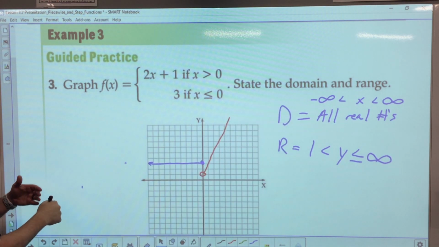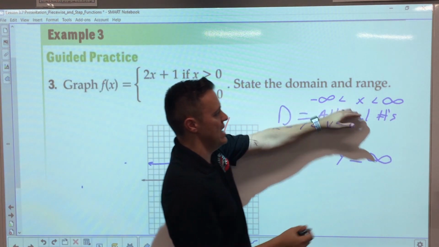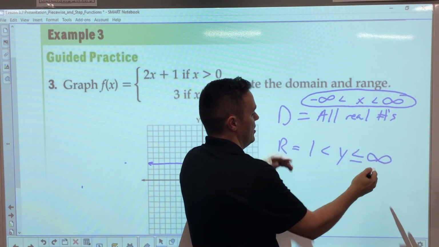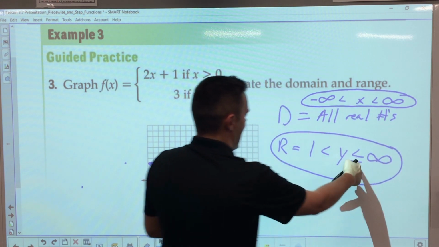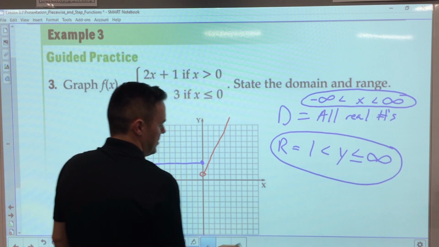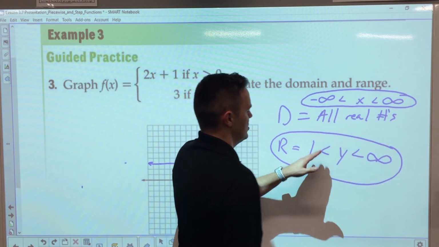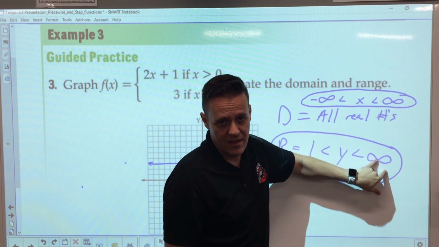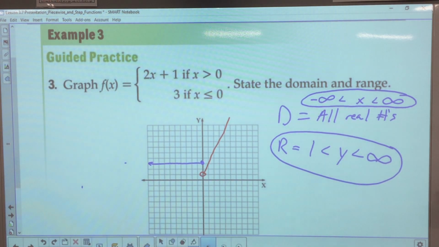You'll have a couple of these, and I want to make sure you guys can do the domain just like this, so please make sure you make an annotation of that. And for the range, it's just 1 is less than y, which is less than infinity. Okay, that is the range.